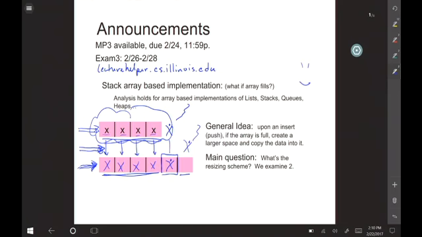So that suggests that there is economy to be gained by not just making the array barely big enough, but by giving yourself some amount of nearly free future adds. Now the question is, how many nearly free future adds should you give yourself? That's in fact the question of the next 20 minutes or so.